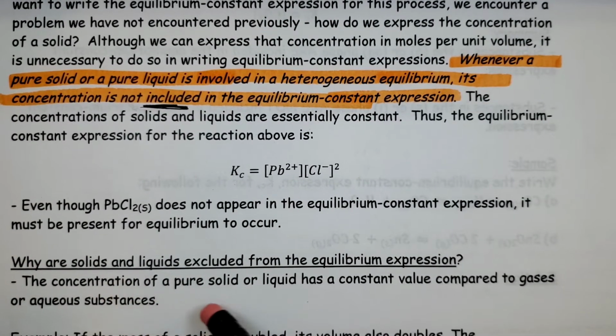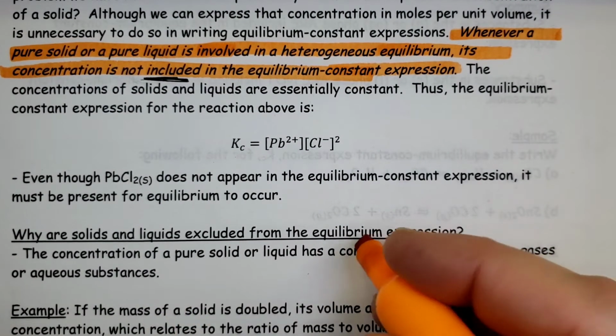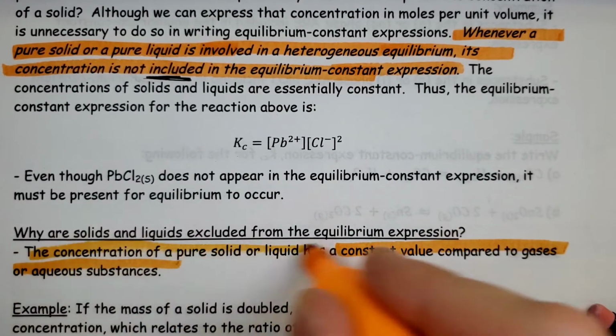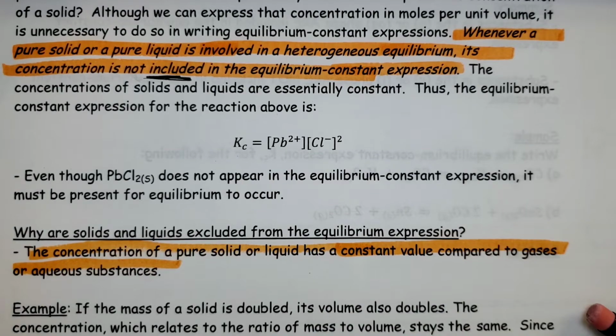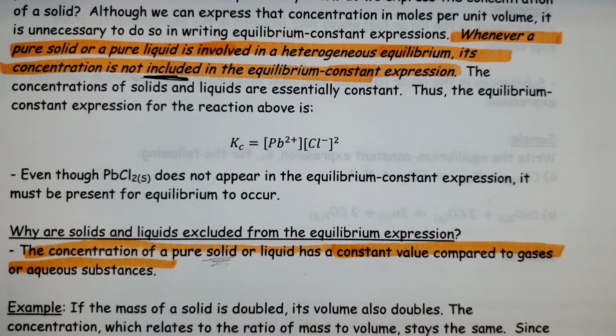So why are solids and liquids excluded? The concentrations of pure solids or pure liquids have a constant value compared to gases. And I have kind of a gross example here. If you imagine a dog doing its business on the floor, you can see that solid on the floor and it doesn't change, and yet it doesn't take much time for the concentration of gases in the air to change substantially.